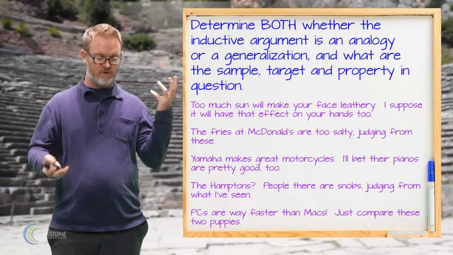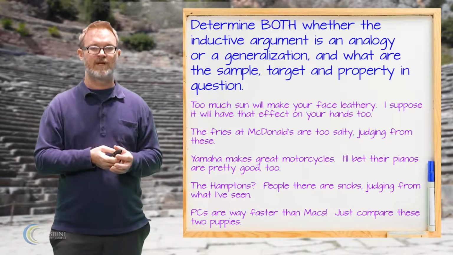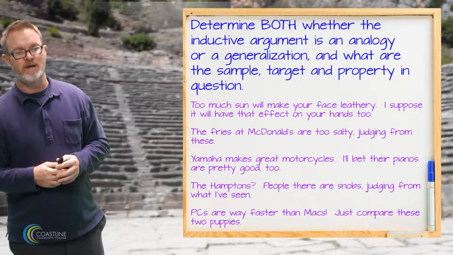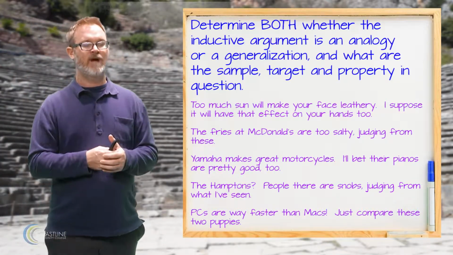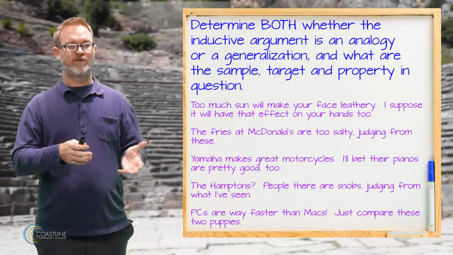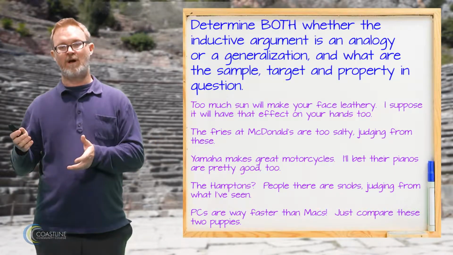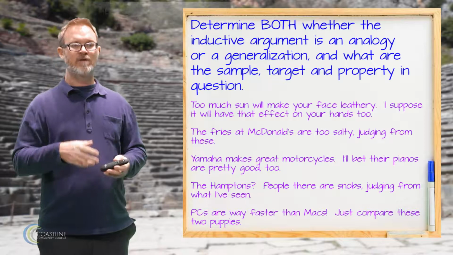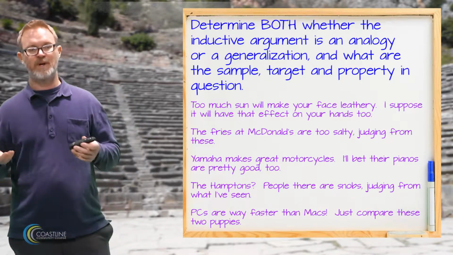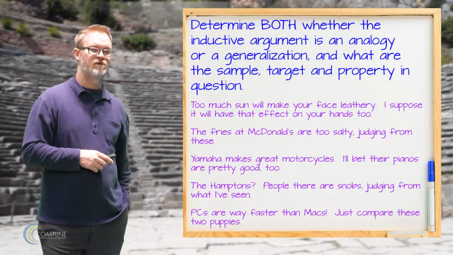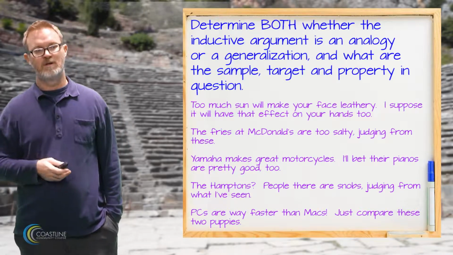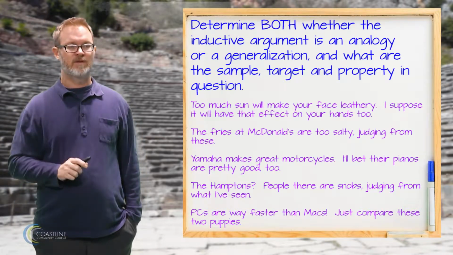So then again, because we're dealing with separate classes here, this is an analogy. So in the analogy, we have as the sample Yamaha motorcycles, the target is Yamaha pianos, and then the property seems to be just a comparison about how they're good. So it's being a good thing, something like that.